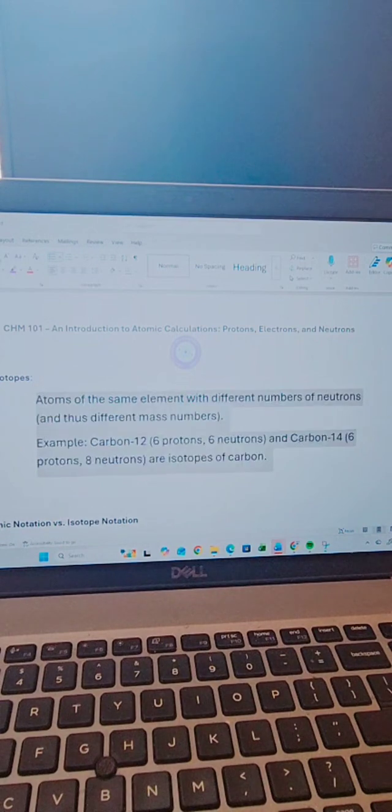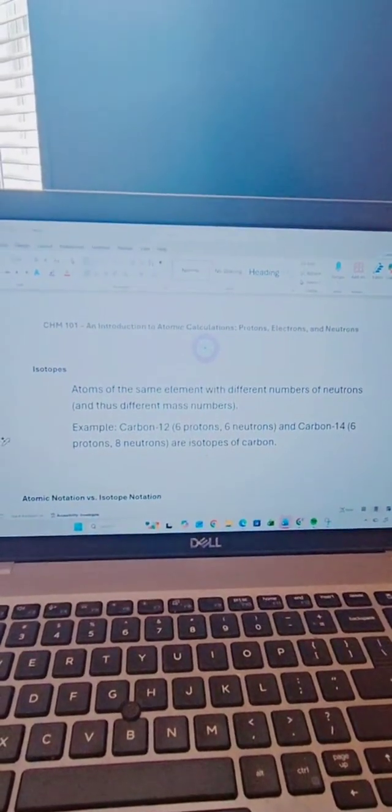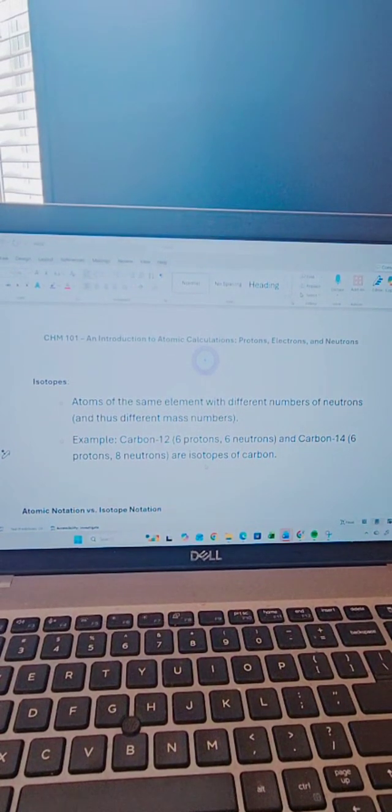Because that's small and y'all can't see it, let me make this large so y'all can see it. All right, there we go. So isotopes are atoms of the same element with different numbers of neutrons, because of having different mass numbers.